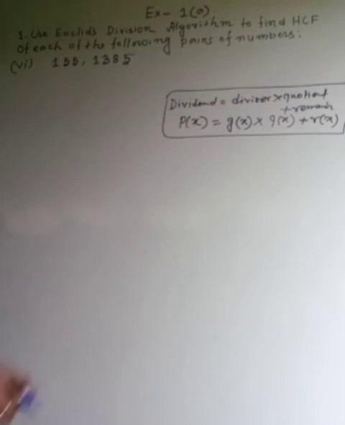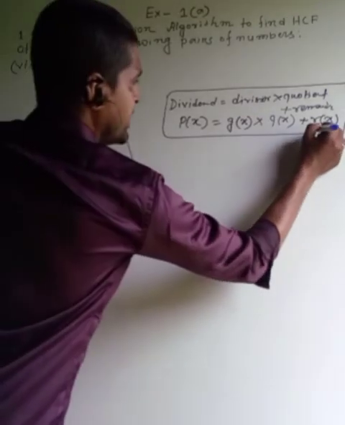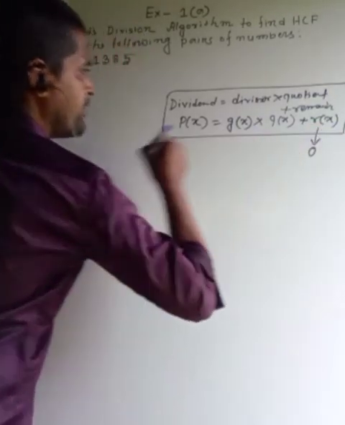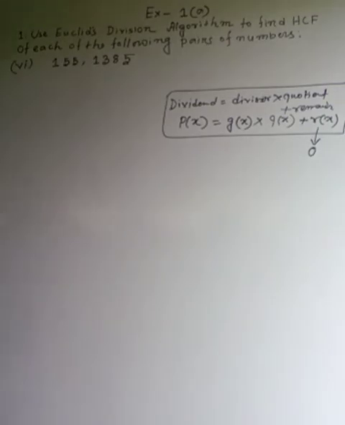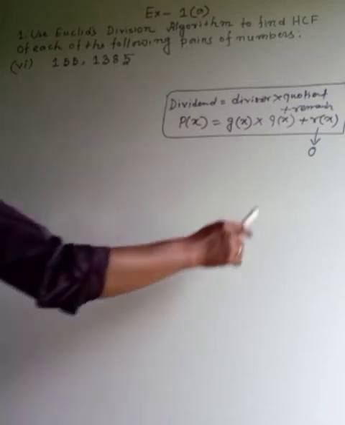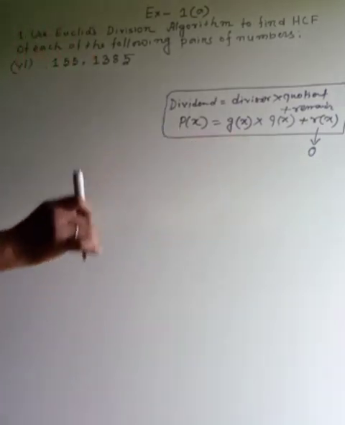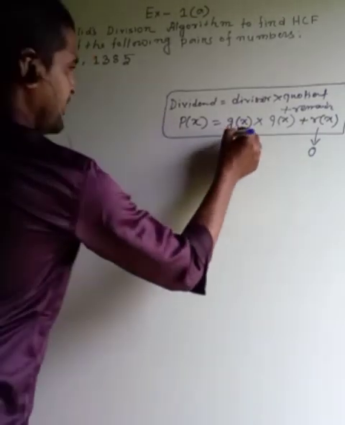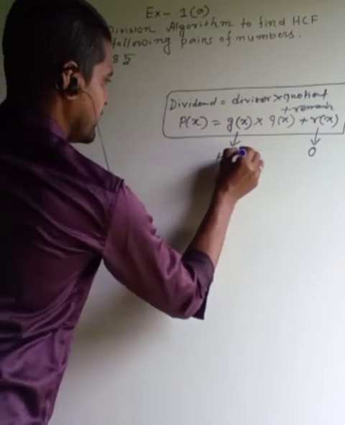So for finding the HCF we have to make a target. What is this target? This remainder should be 0. When you get the remainder 0, then this divisor will be the HCF.